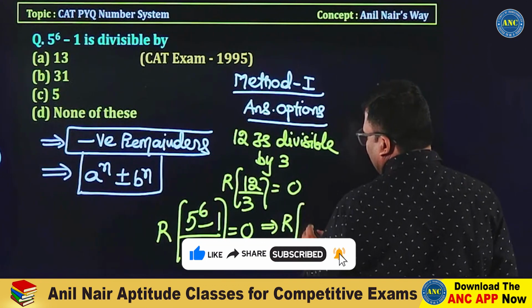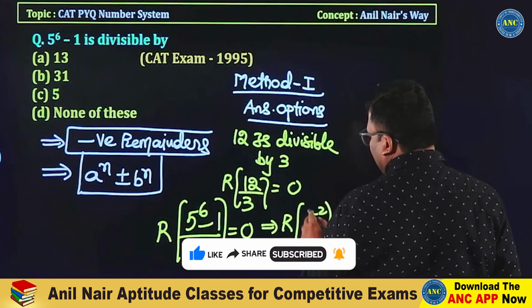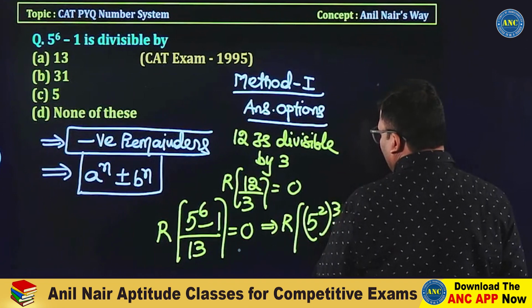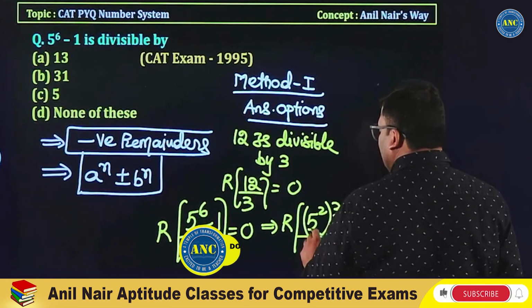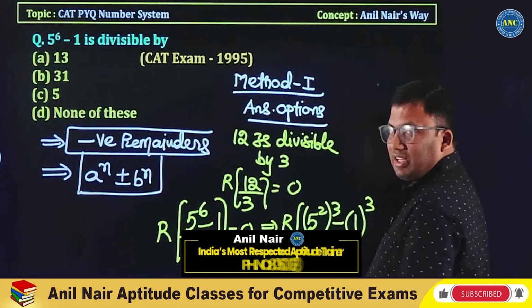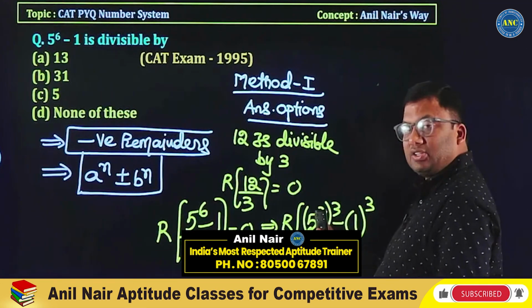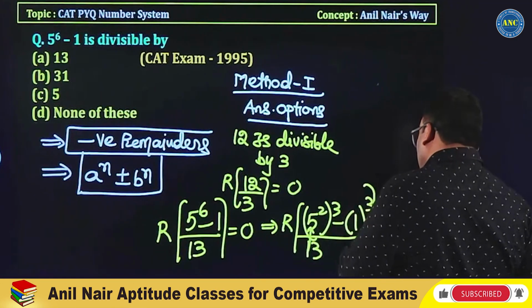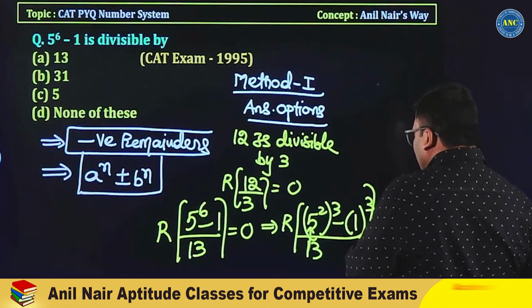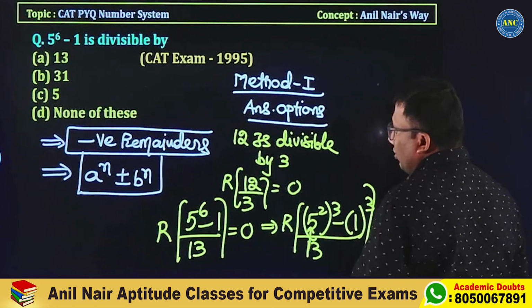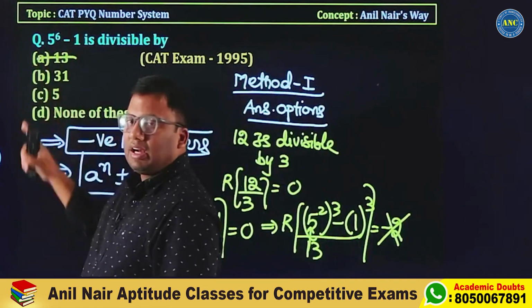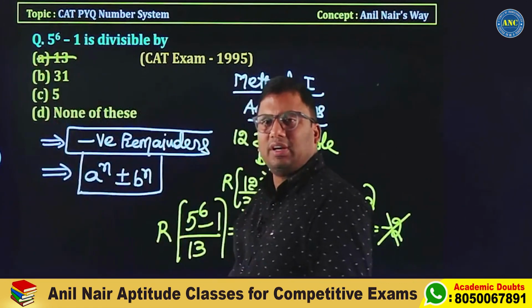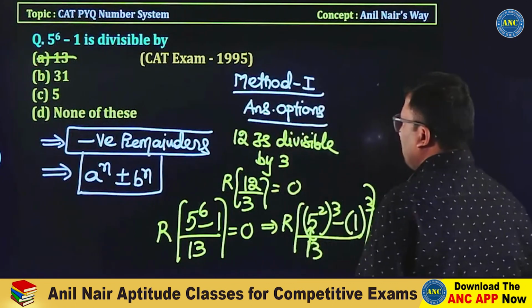So this will be 5 square whole cube minus 1 whole cube divided by 13. 13 twos are 26, negative remainder minus 1. Minus 1 minus 1 is minus 2. I need to get a remainder 0, so 13 is not a possibility.